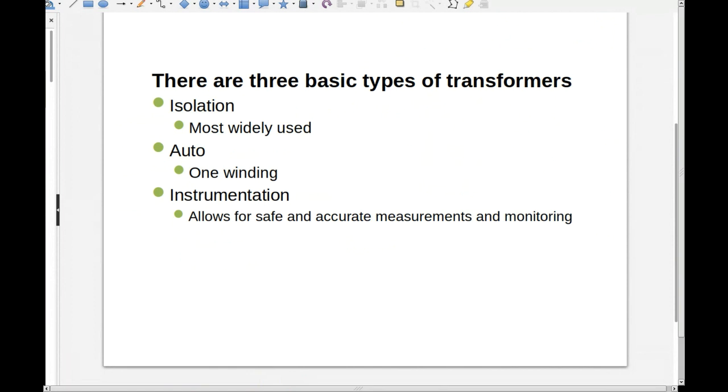Another type is called an auto transformer. An auto transformer only has a single winding. And then there's instrumentation transformers, which allow you to step up or step down the voltage to get accurate measurements. Because you can't walk outside with a voltmeter and measure the voltage on the high side of your transformer.